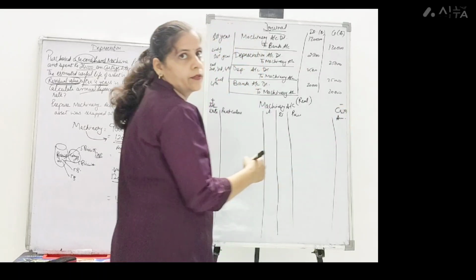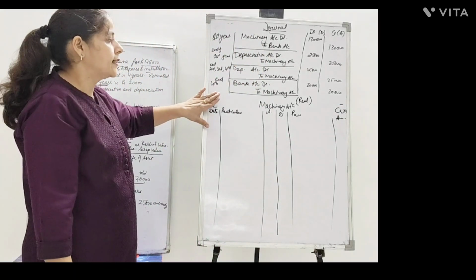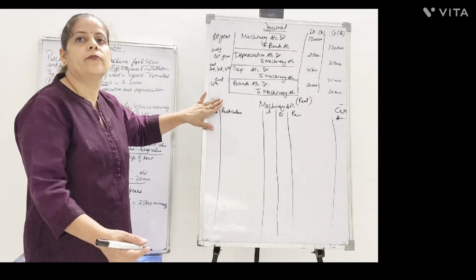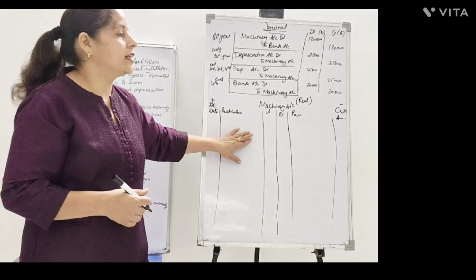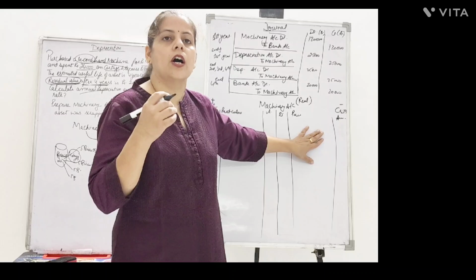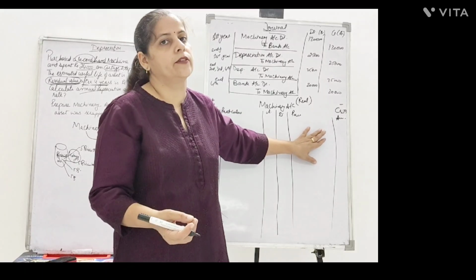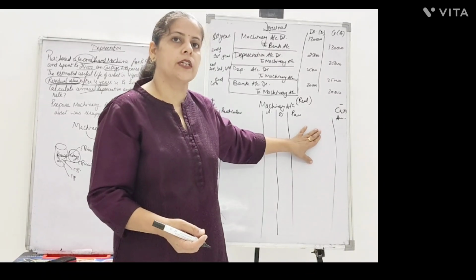So this is the way we have to prepare it. The debit is for plus, that means if machineries are purchased, it would go on the debit side. If there is a depreciation or a sale or a loss, it would be credited to the machinery account.